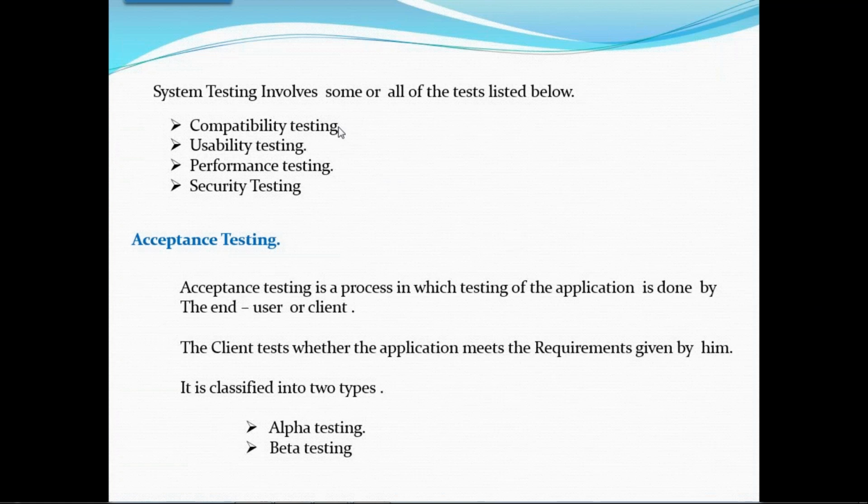Say it works only on Windows and not on Linux, then you cannot restrict the end users. You cannot say you must use Windows; if I don't have a Windows laptop, I cannot use this application. End users might use Mac, Windows, Linux or whatever they like.